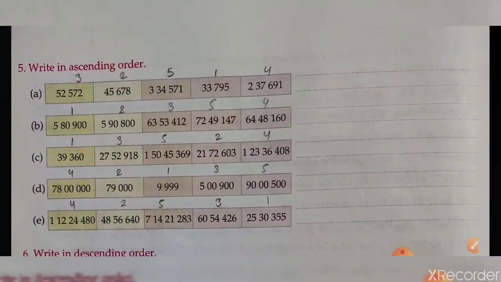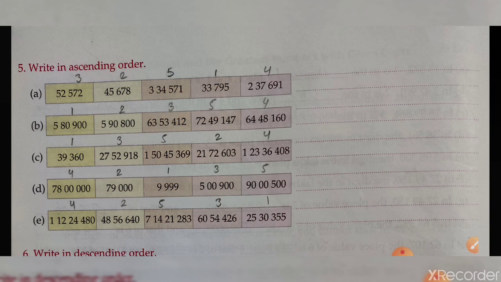So in question number 1 of question number 5, 52,572, 45,678, 3,34,571, 33,795, and 2,37,691. What is the smallest number here? 33,795.